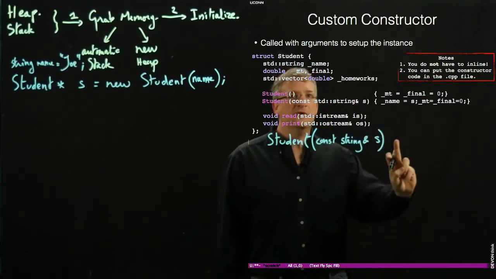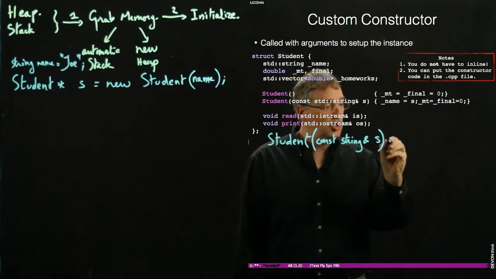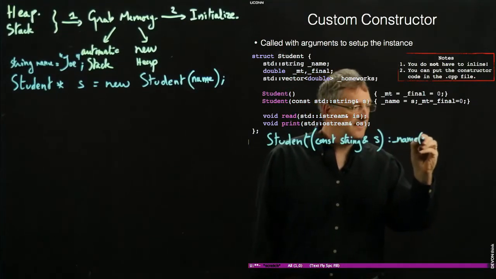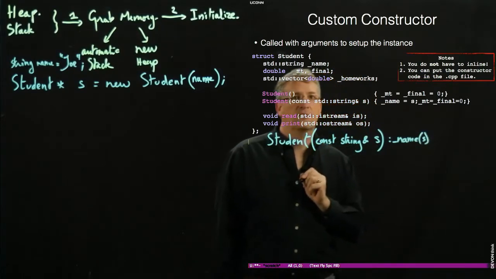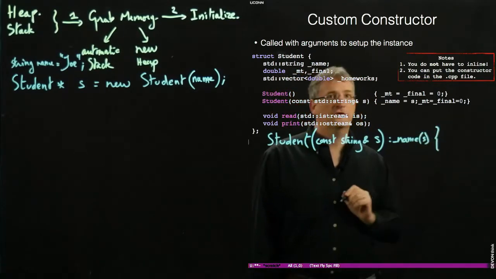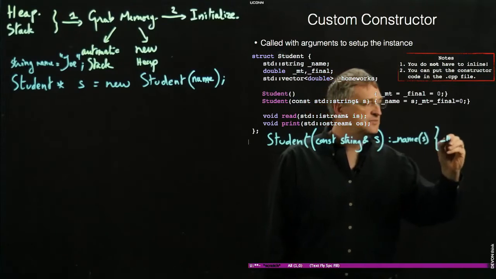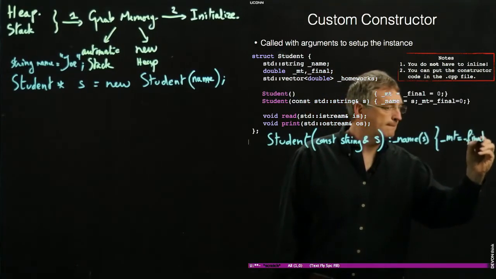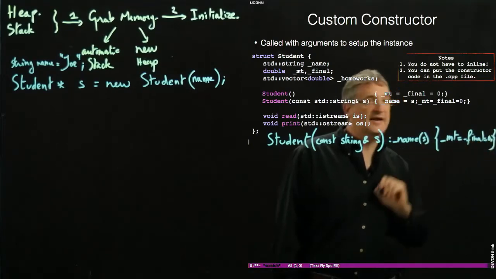But rather than writing the body, I could have said colon, _name, parenthesis s. Then I put the curly brace and I initialize midterm and final to 0. And I'm done.